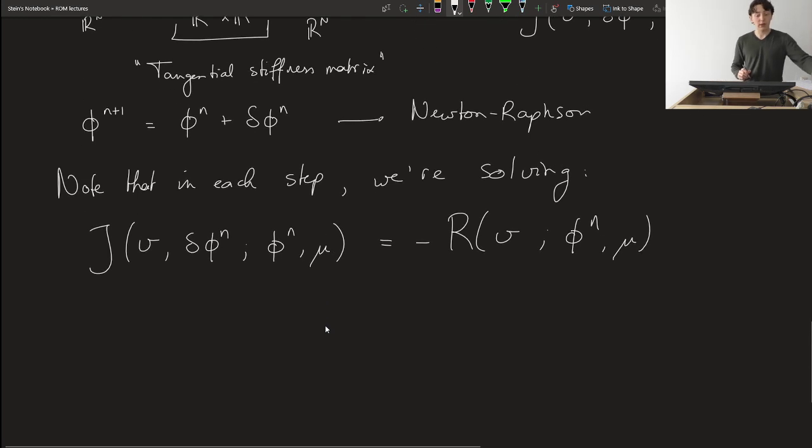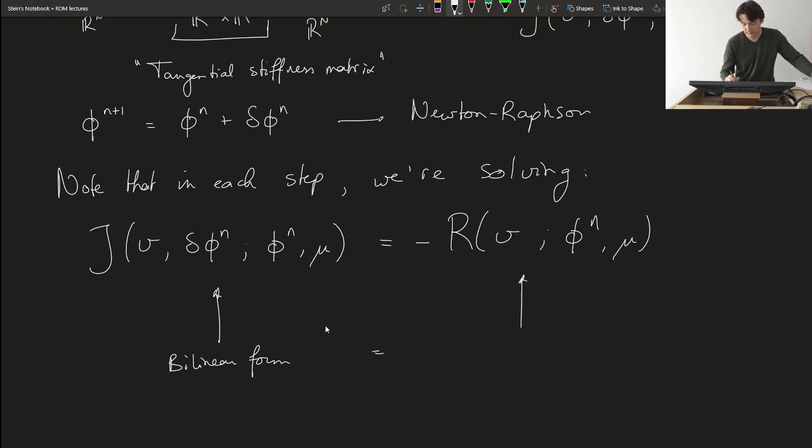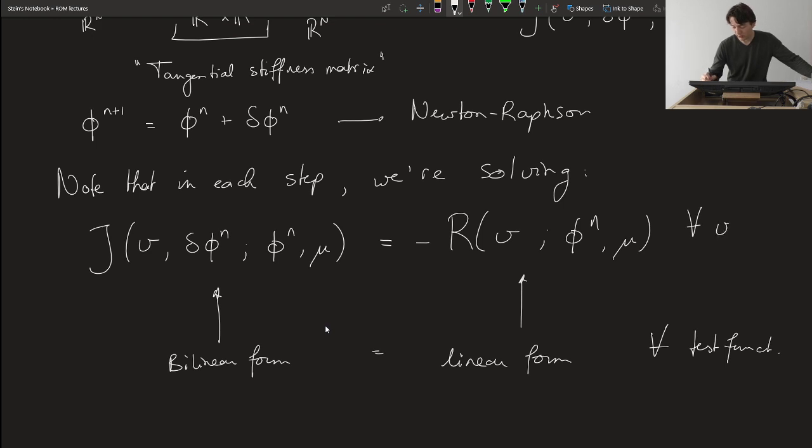And this is really something that we're actually quite familiar with. Yeah, this is a bilinear form equal to a linear form for all test functions. So this is for all v and h1. So even though we're talking about a completely different kind of animal, nonlinear equations as opposed to linear equations, really all we're doing iteratively is solving a rather familiar linear equation.